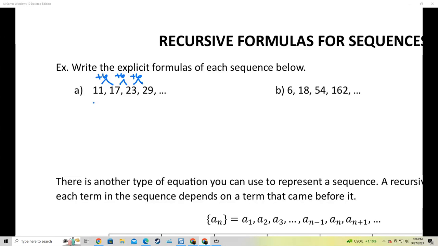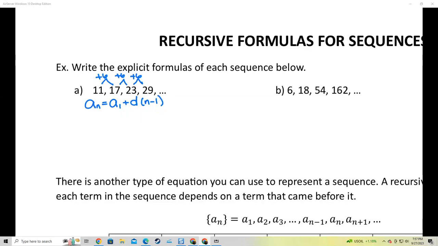We start off with a sub n is equal to, remember that you always start off with your first term, and then since we're adding 6 each time, we're adding the common difference, so that's a d, multiplied by n minus 1. So that's the explicit formula for the arithmetic sequence.